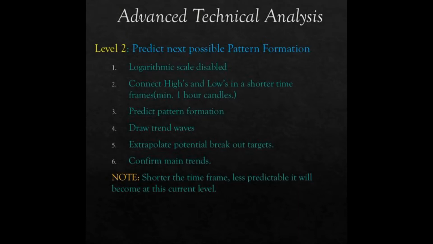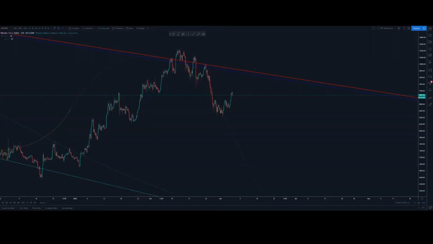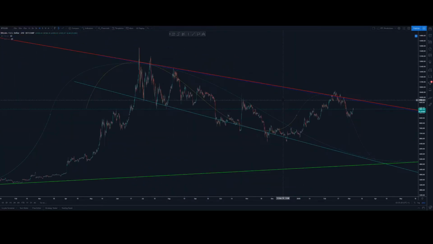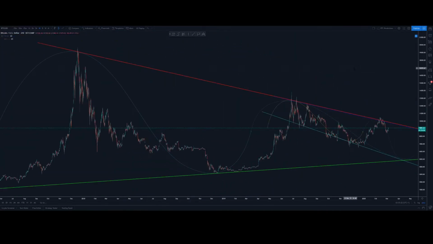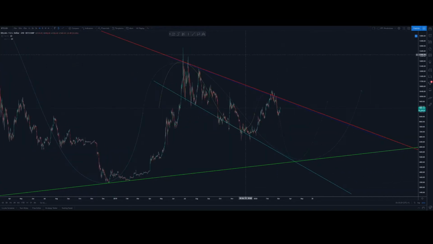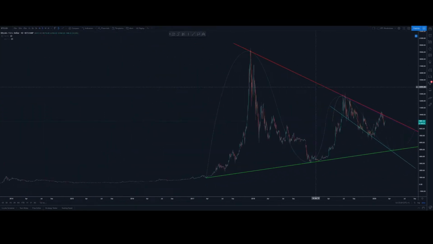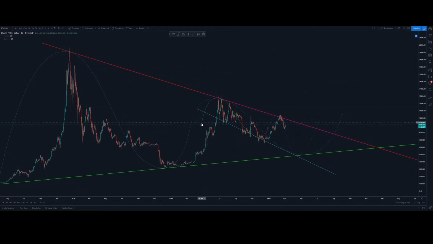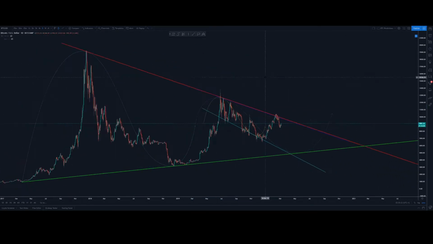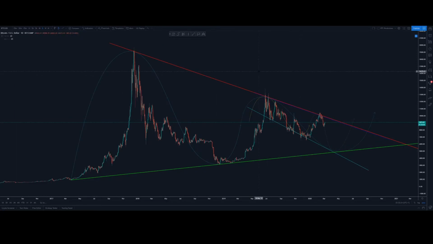Let's continue where we were at the first video, the first level. The Bitcoin US dollar chart. The first thing we're gonna check out before continuing, because you really need to know this.